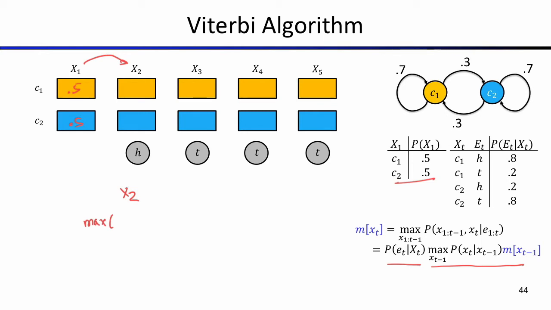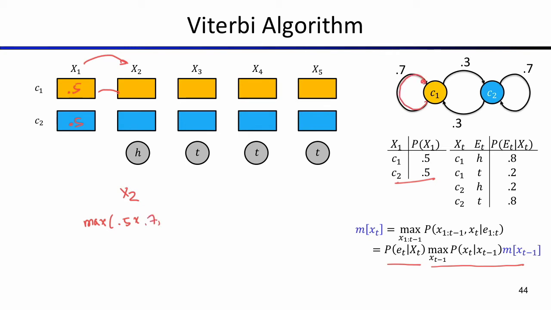One is that we came from the same coin C1, and in this case, it's going to be 0.5, that is the probability of the coin C1, times, well, we are keeping the same coin, so that is easier for us. I'm going to keep the same coin here, going to be 0.7.